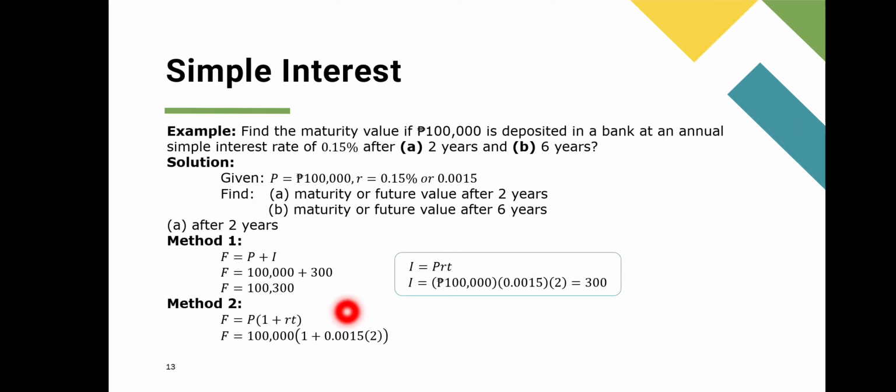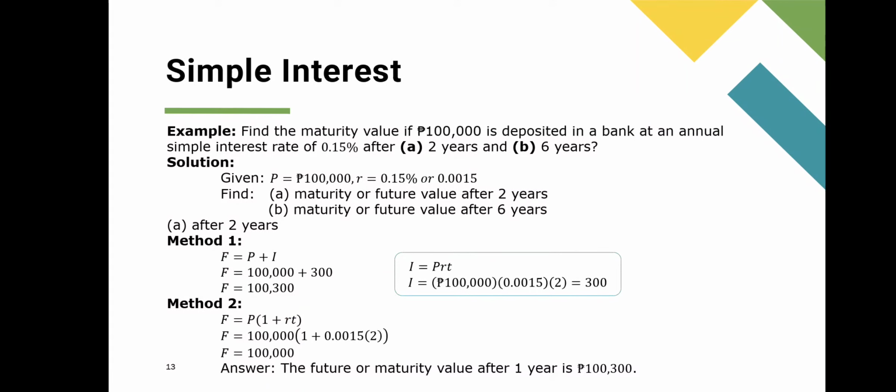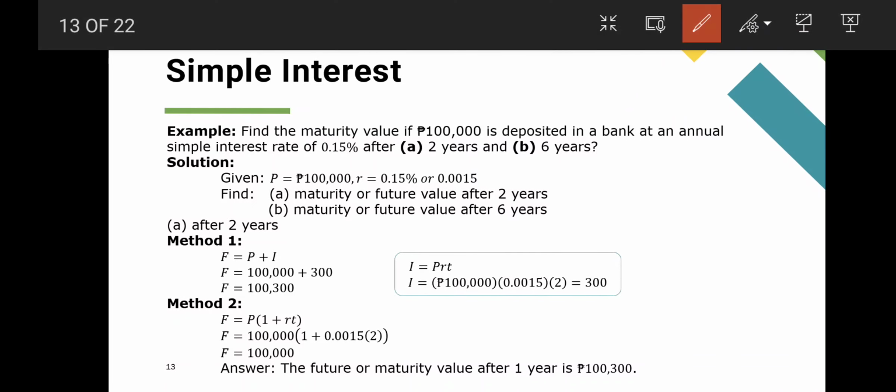So 0.0015 times 2, that will give you 0.003, plus 1, that will give you 1.003 times 100,000, that is 100,300. Okay, so the future value or maturity value after 2 years is 100,300.